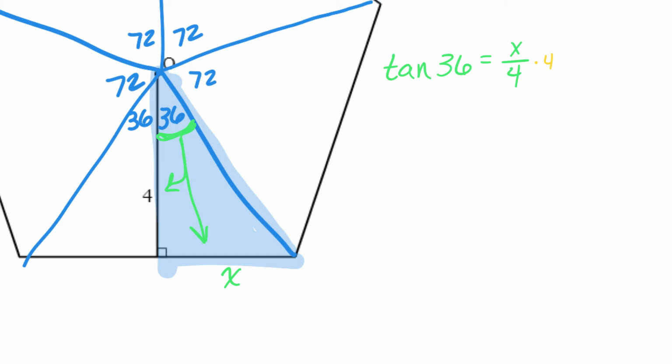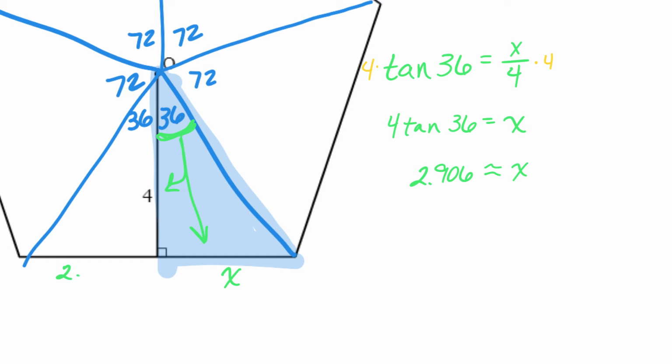So I'm going to multiply both sides times 4. So 4 tan 36 is equal to x. And 4 tan 36 is approximately 2.906.